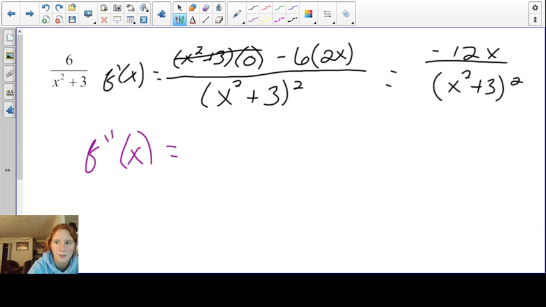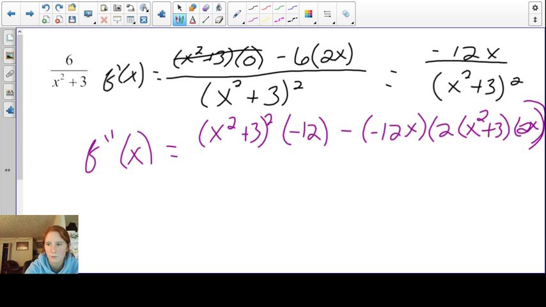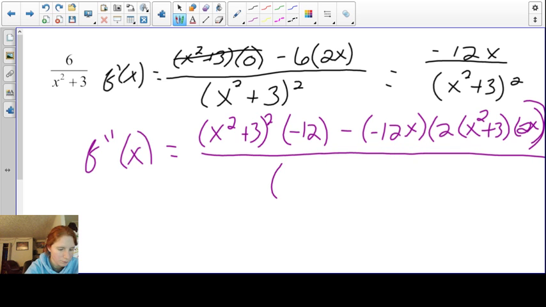So I have my low times the derivative of the top minus the top times the derivative of the bottom, so chain rule. All over the bottom squared.